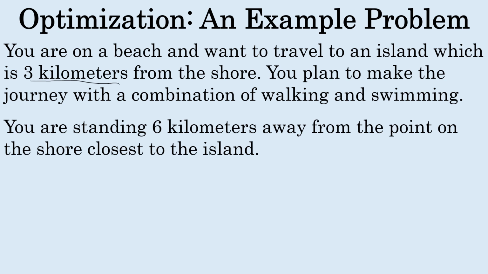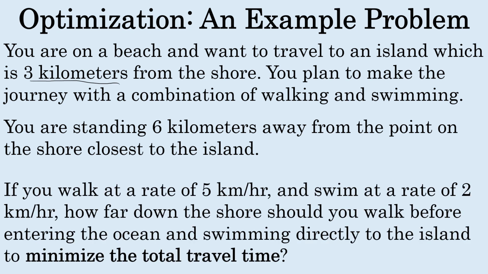You are standing 6 kilometers away from the point on the shore closest to the island, and if you walk at a rate of 5 kilometers per hour and swim at a rate of 2 kilometers per hour, a little slower, how far down the shore should you walk before entering the ocean and swimming directly to the island to minimize the total travel time? We will now work through the 5 steps described earlier to solve this problem.